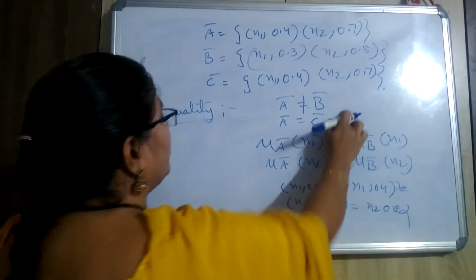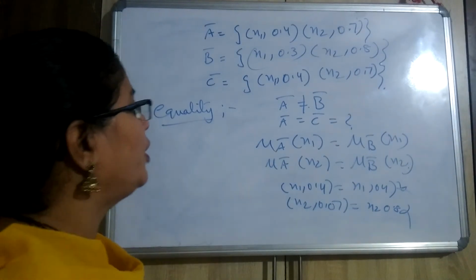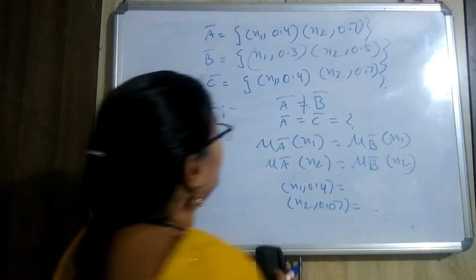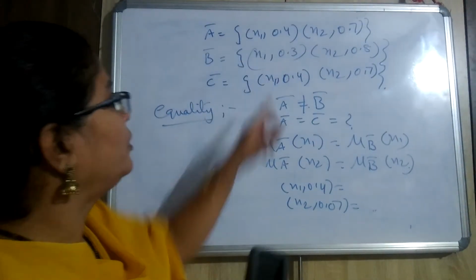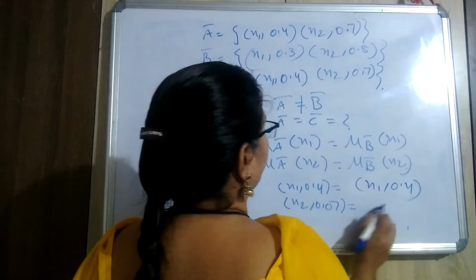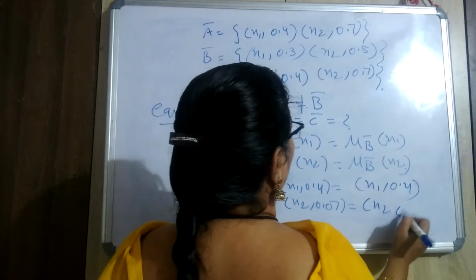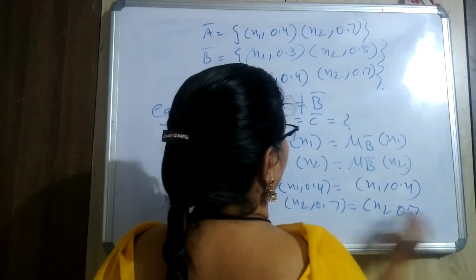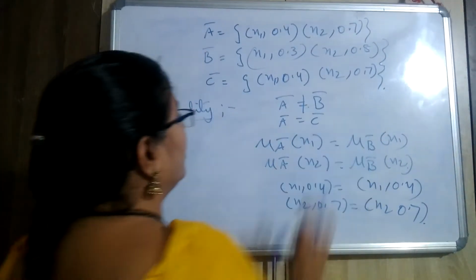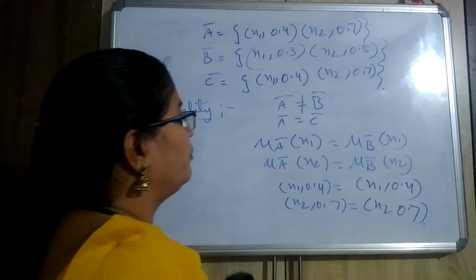Okay. So now we are going to check the equality of a bar comma c bar. So what are the values of a bar comma c bar? Is x1 comma 0.4 equal to x1 comma 0.4 in c? Same. Okay, and x2 comma 0.7, this is nothing but same, x2 comma 0.7. So a bar is equal to c bar, whereas a bar is not equal to b bar.